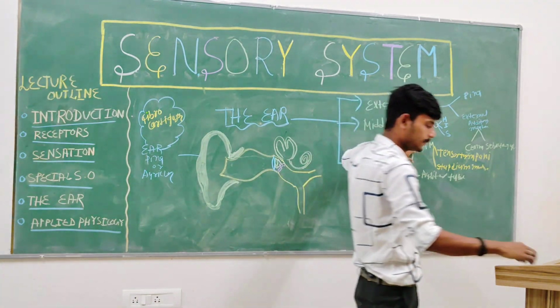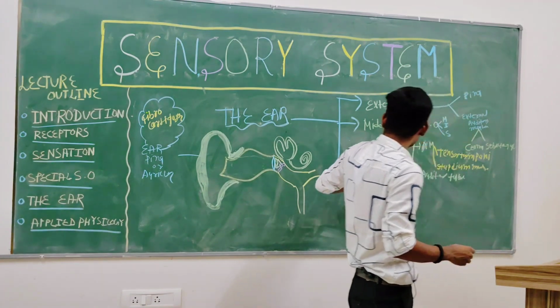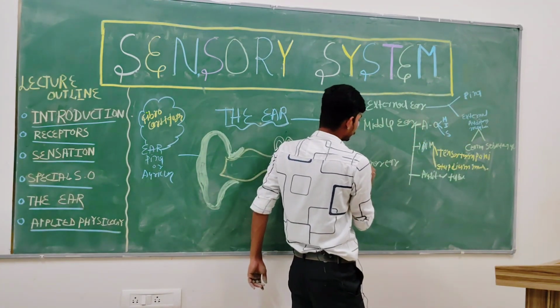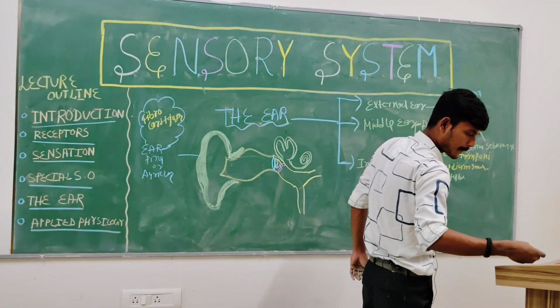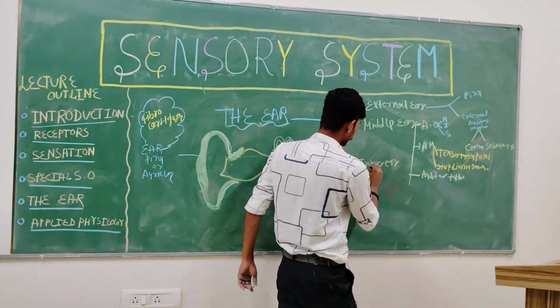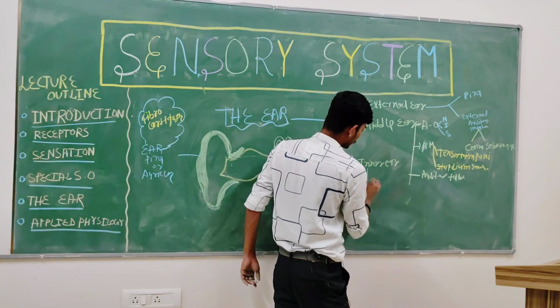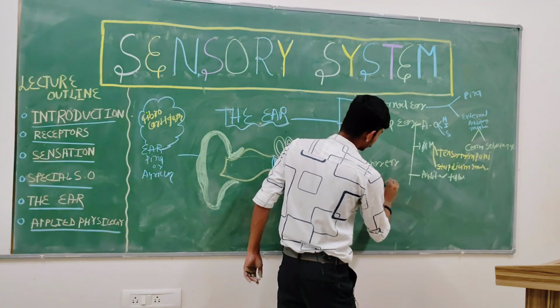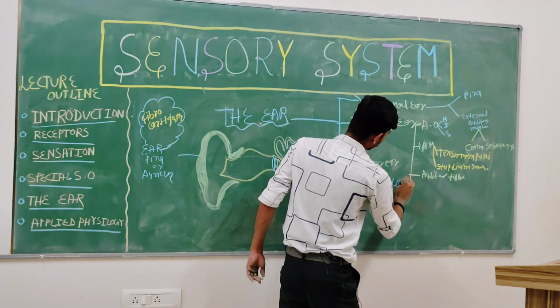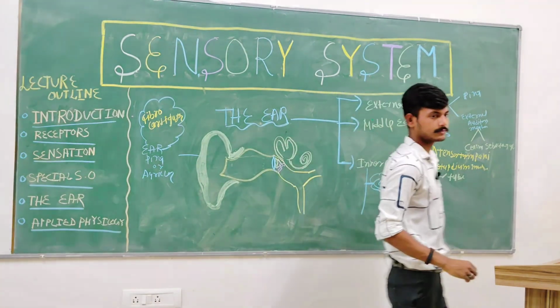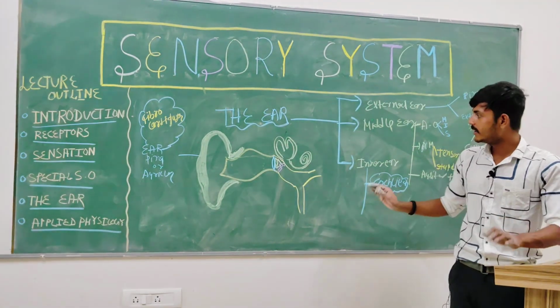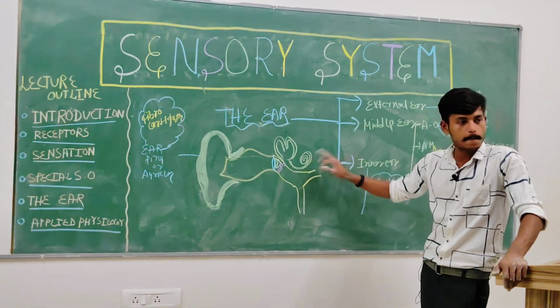Understanding? Now you have the inner ear. The inner ear possesses mainly the cochlea. This is your cochlea.